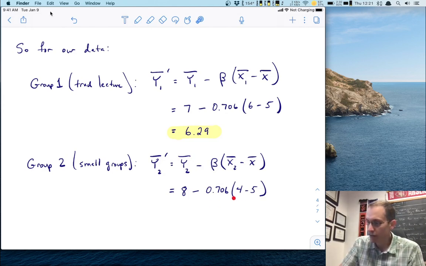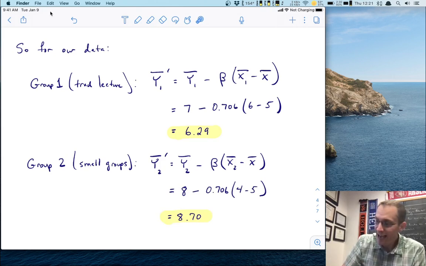But the covariate mean, so the aptitude scores for group 2, was 4 minus the overall mean of 5. And we do that arithmetic, and we get an adjusted group mean of 8.70. So now what's happening is we're getting 2 adjusted group means that are farther apart. In fact, the difference between these is about 2.4.